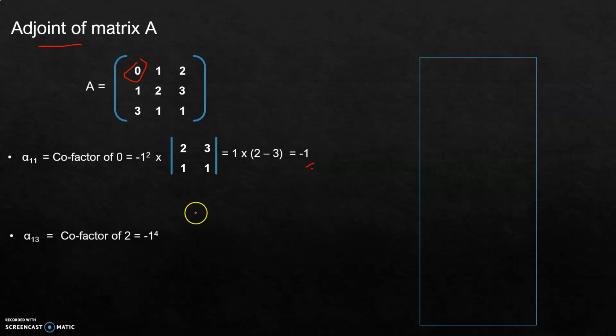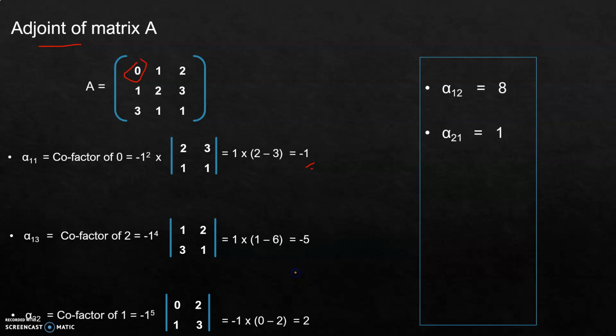Thus we need to find all the cofactors. Please check the previous video for more explanation of how to find out this adjoint and cofactor. Thus we need to find all the cofactors of the 9 elements. So cofactor 1, 1, this is the cofactor of 0.